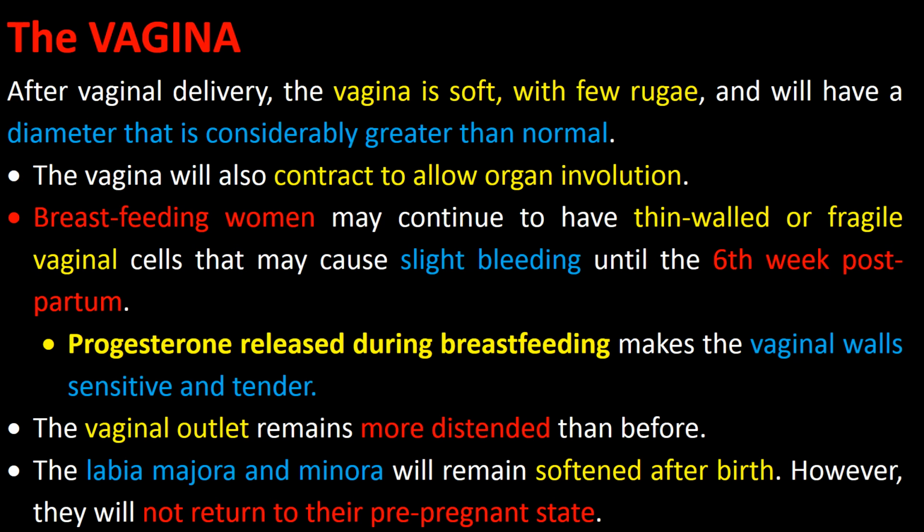The vaginal outlet remains more distended than before. Bakit? Kasi meron ngang lumabas na bata, therefore the vaginal outlet is bigger in diameter. The labia majora and minora will also remain softened at birth. However, they will no longer return to their pre-pregnant state. Hindi na po babalik sa pagiging itsurang virgin yung inyong vagina pagkatapos nyong manganak.